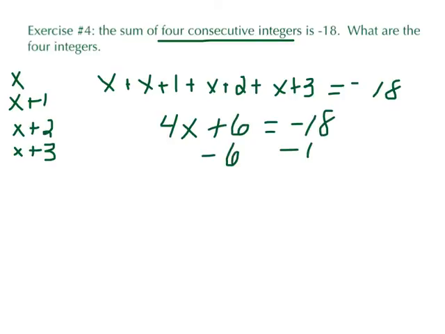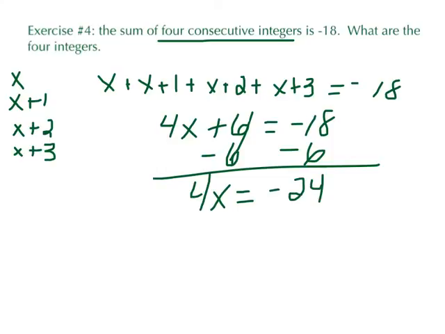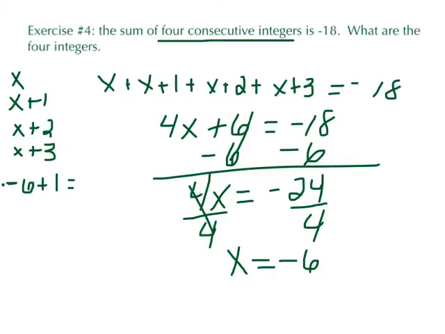Minus 6 on both sides. 4x equals negative 24. Divide by 4. Divide by 4. X is going to equal negative 6. Now let's plug them in. Negative 6 plus 1 equals negative 5.